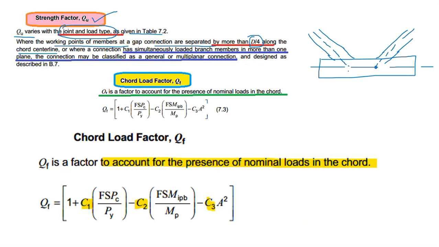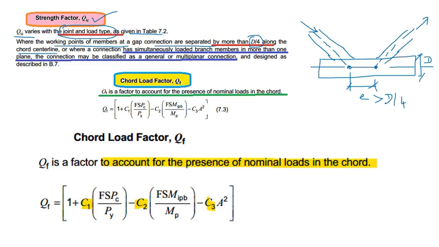If you see this point to this point, if this eccentricity is greater than D/4, where D is the chord diameter, then we need to model these two joints separately and analyze, so that it can capture the additional secondary bending moments, because this force is coming here and this force is also coming here. So this eccentricity we need to consider.